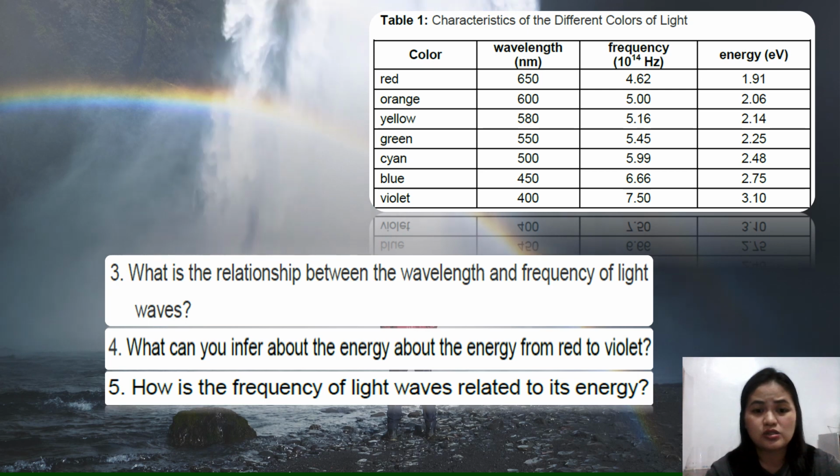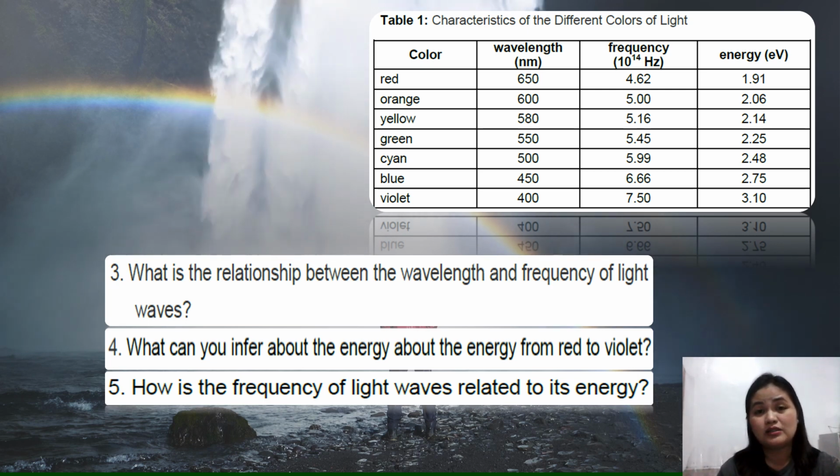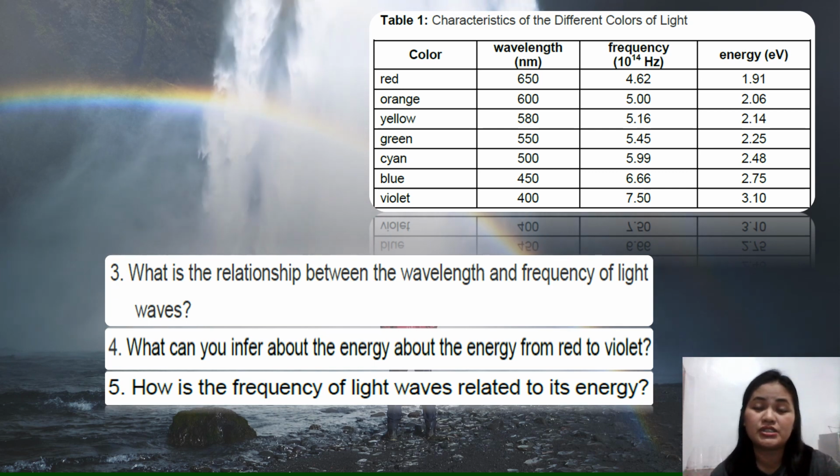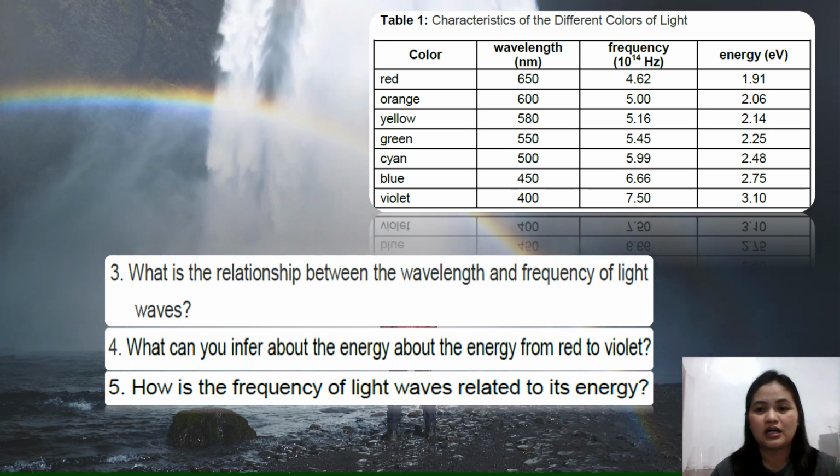Tumaas din. So, how are they related to each other? Are they directly proportional or inversely proportional? You can answer that way or ganito. As frequency increases, energy also increases and vice versa. As frequency decreases, energy also decreases. Mga ganun. Those are the different ways that you could answer these questions.